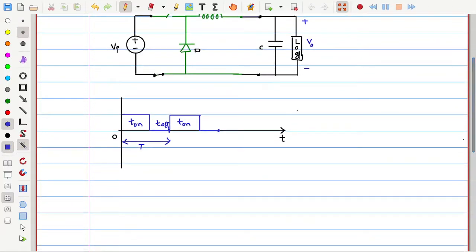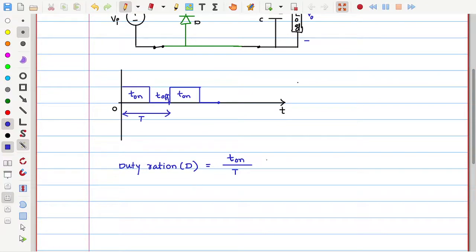And yesterday I was discussing that we can define the duty cycle or duty ratio, which is usually represented by the capital letter D, where capital D is the ratio between the on time and the total time period T. And here we can also express this on time T on in terms of the duty ratio as T on is equal to capital D, the duty ratio, into the total time period.